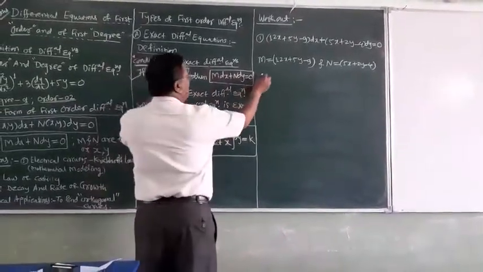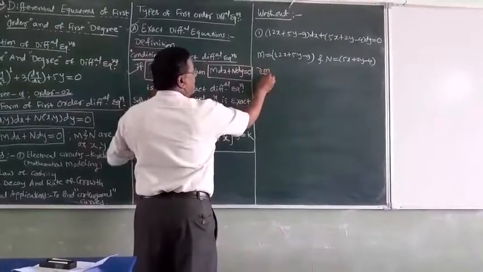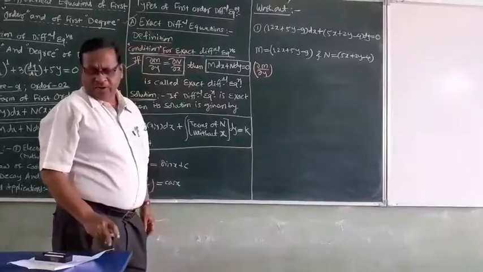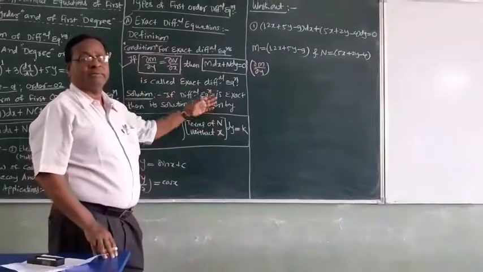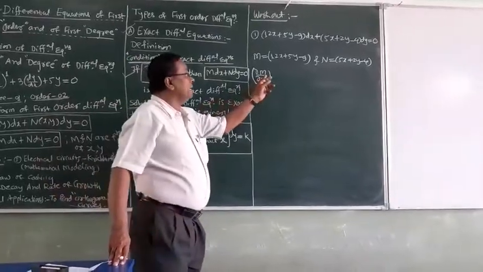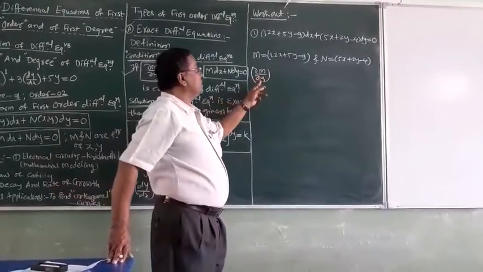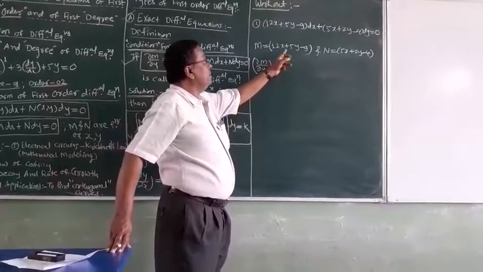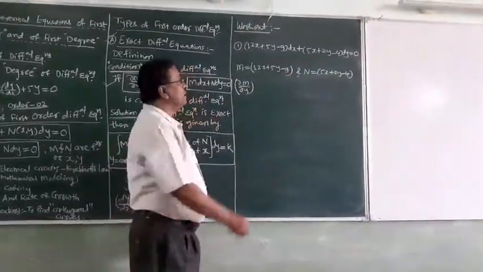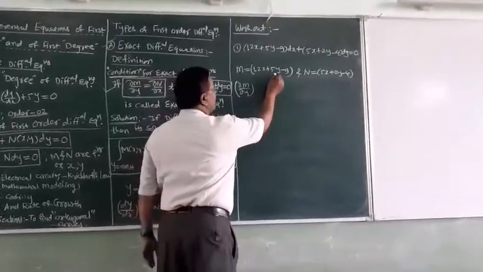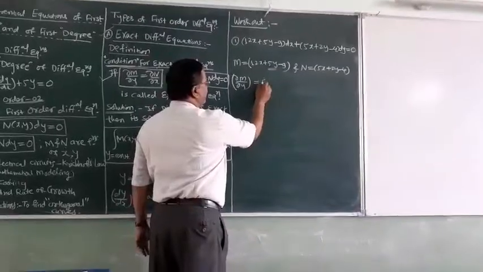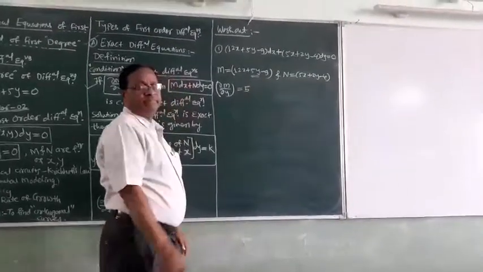So, I will find the partial derivative of M with respect to y. How to take this derivative, you have learned in the first semester. While taking the derivative of M with respect to y, keep the x term and other terms constant. So, the partial derivative of M with respect to y will be only the derivative of this term, and 5y has derivative 5 with respect to y.